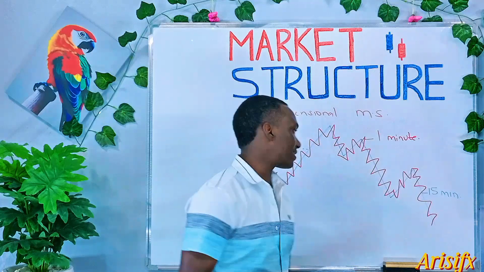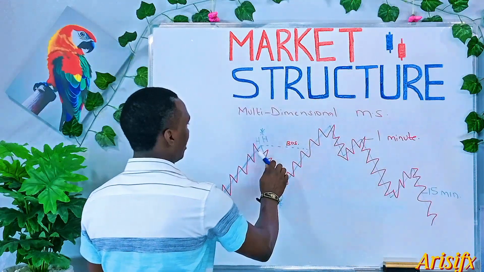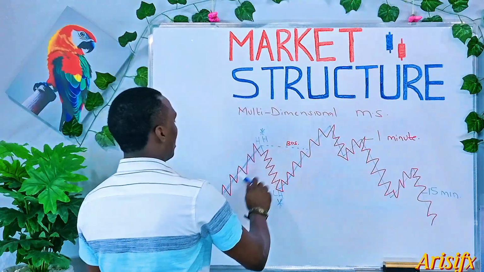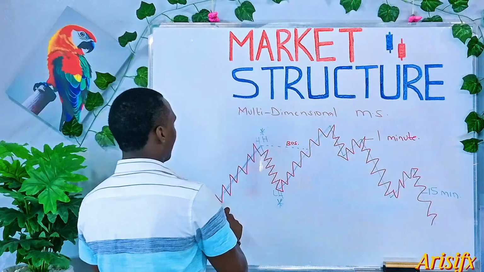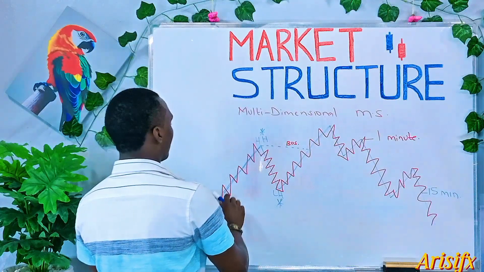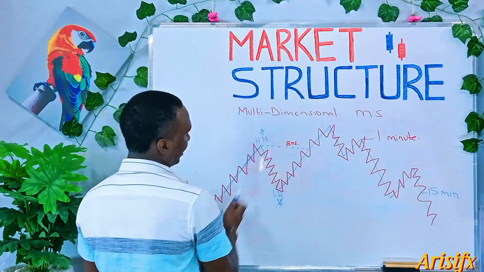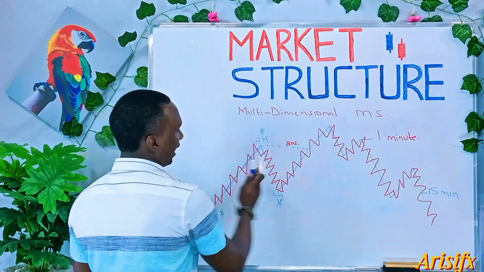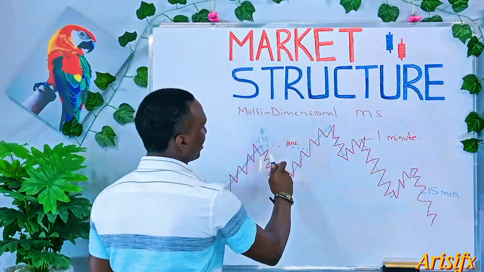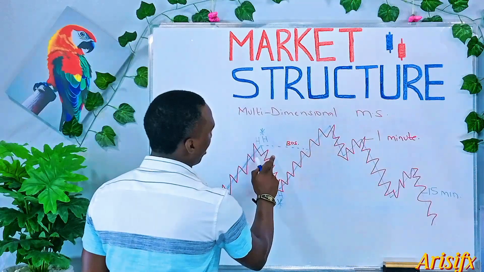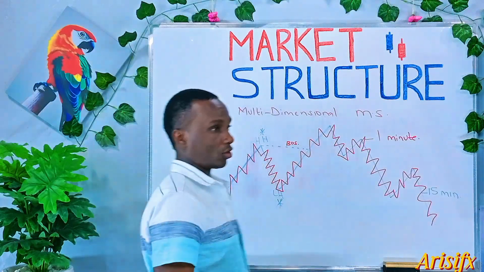Whoever said that the market is bullish here, looking at these swing highs and swing lows on the 1 minute time frame, is right to say that the market is bullish here. And whoever said that the market is bearish here, according to these lower highs and lower lows, is also right.